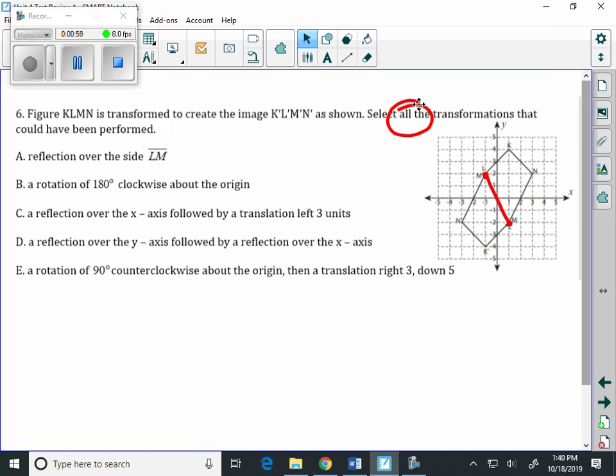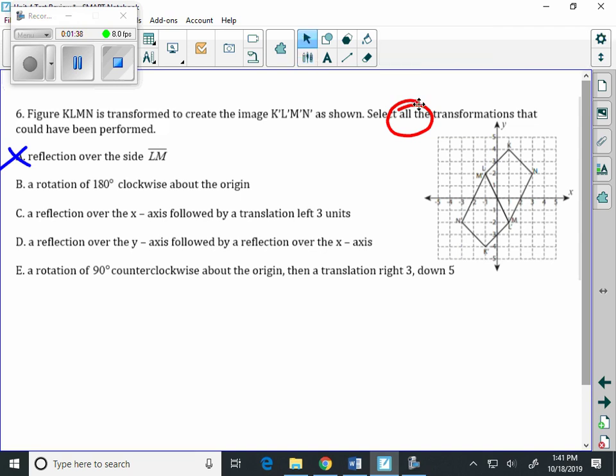So if we start back up here at K, K is 1, 2, 3, 4, 5, 6 spaces away from that red line. So we're going to make a right angle, and 1, 2, 3, 4, 5, 6, there would be our new K. And that's not where our new K is. Our new K is here. So it's definitely not option A. So I'll erase those. Get rid of option A.